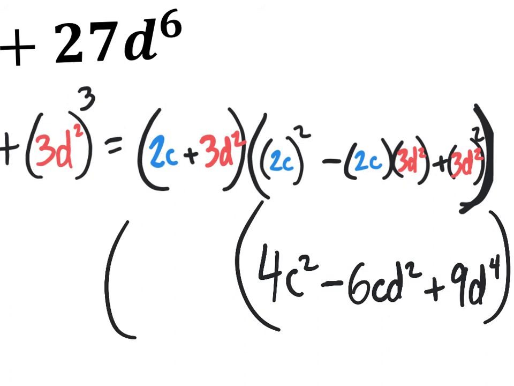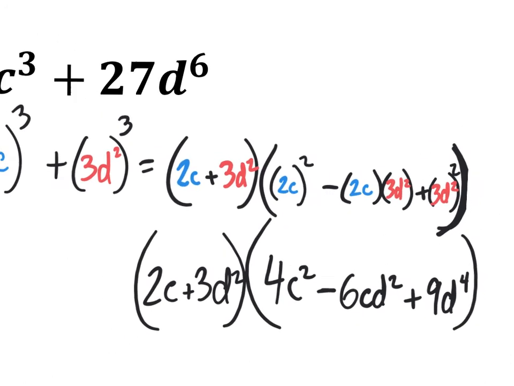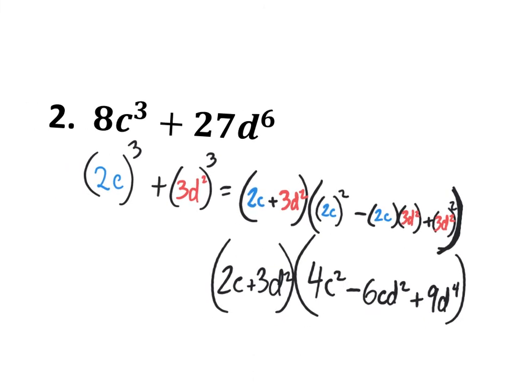So we don't forget about the binomial that's out here in front, 2c plus 3d squared. Ladies and gentlemen, we have factored that above sum of two cubes binomial using the sum of two cubes formula.